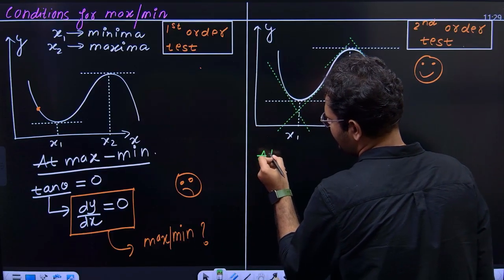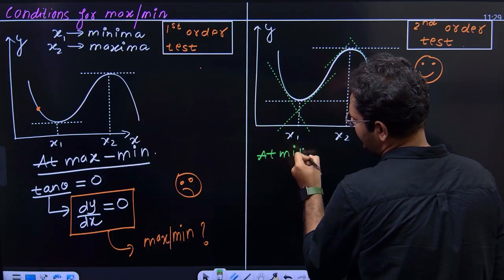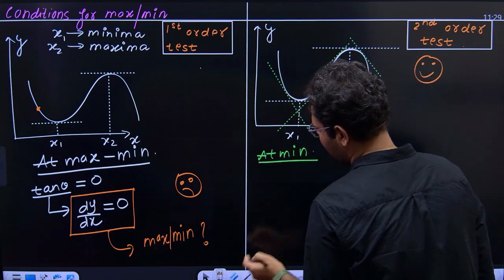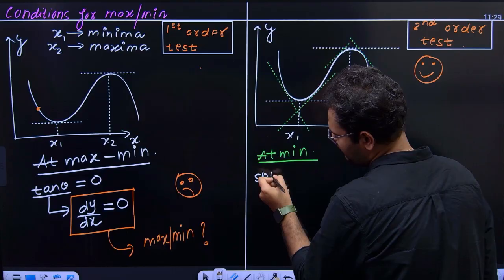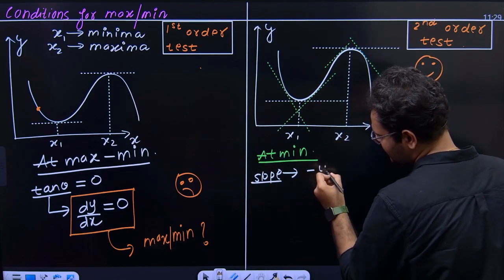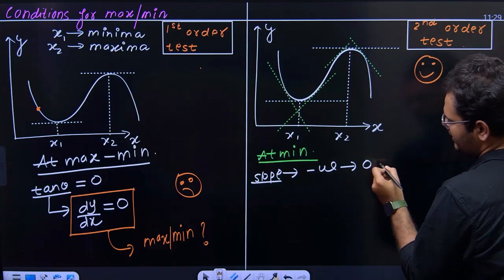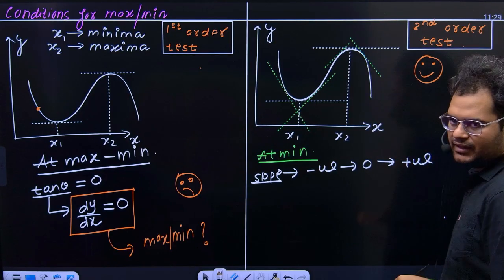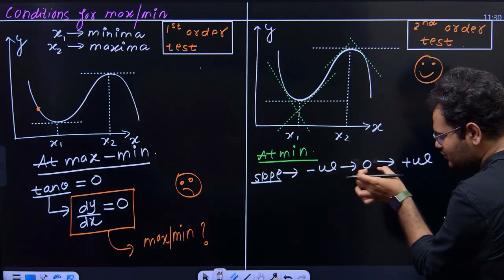At minima, what is happening? At minima, my slope, very important to understand, initially it was negative, then it is 0, and then it is positive. So we are going from negative to 0 to positive.